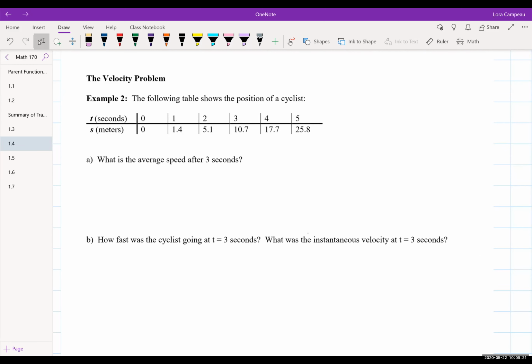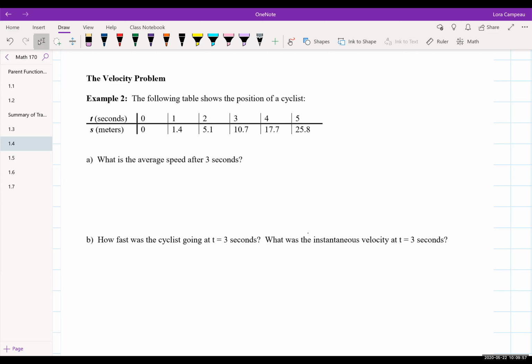We have a table showing the position of a cyclist, with t standing for the time in seconds and s standing for the meters. What we're looking for is, part A, what's the average speed after 3 seconds? B, how fast was the cyclist going at time equals 3 seconds? And then we can develop what the answers to these questions are.